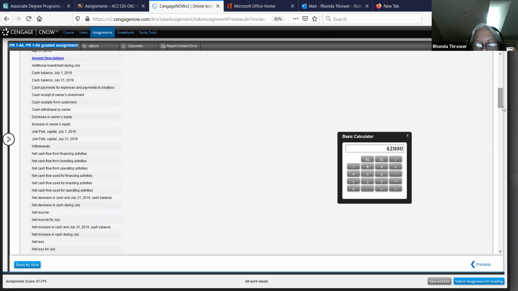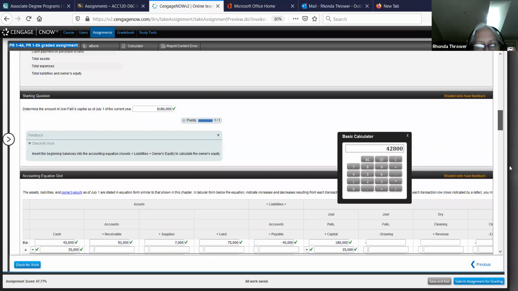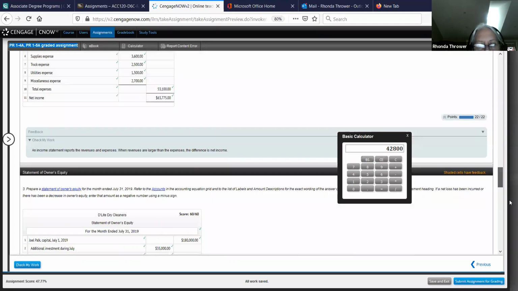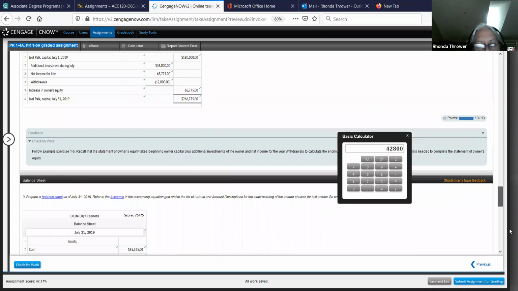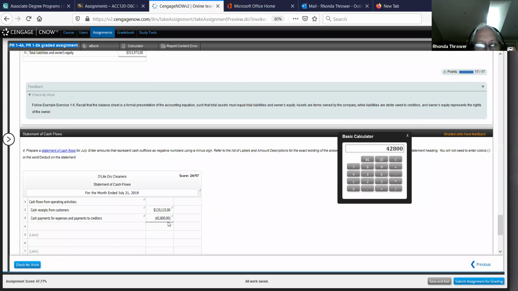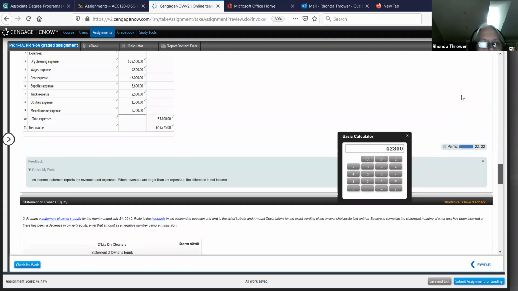And the only way you can tell which one it is is to look at your additions. Do you see that your cash receipt is more than what you paid out for your operating activities? So this is a net cash flow from operating activities.